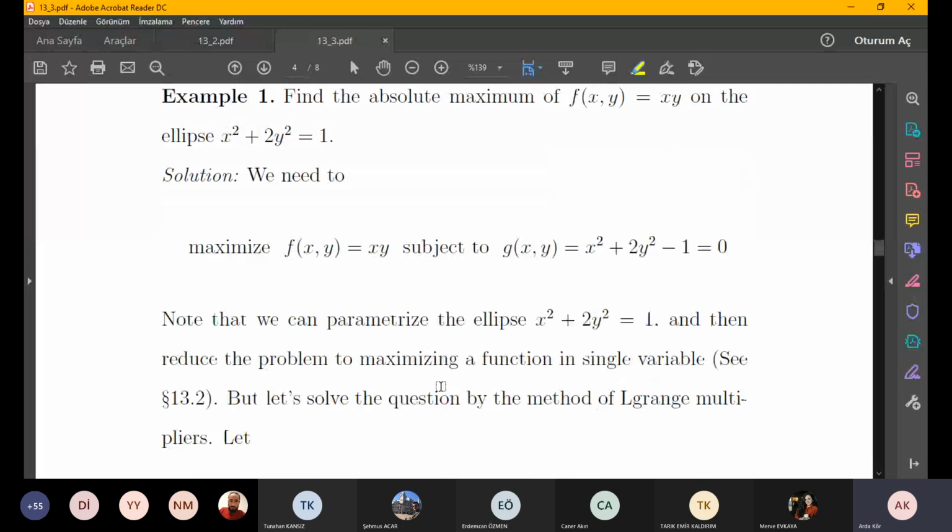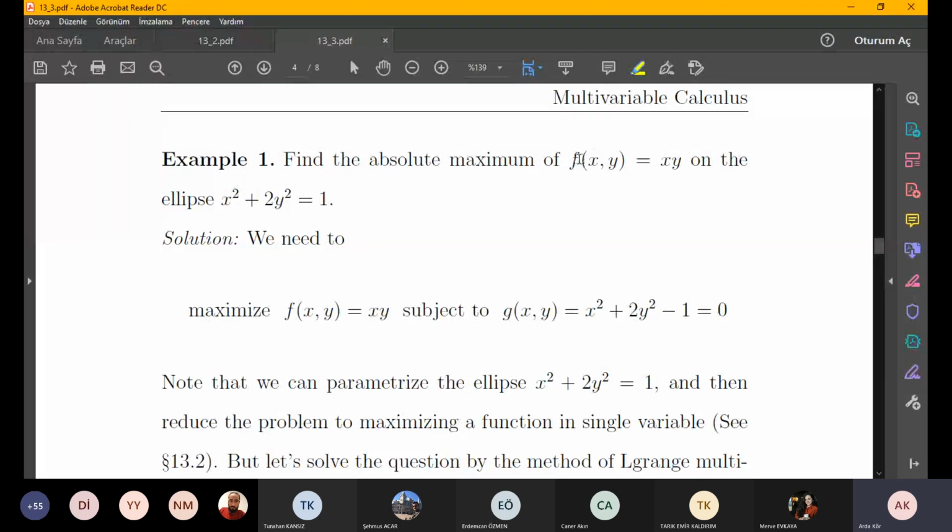And if we try to see how this is applied, we will try to find the absolute maximum value of x times y on the ellipse x squared plus 2y squared equals 1. So we need to maximize the function, because we try to find the absolute maximum value, subject to g(x,y) equals x squared plus 2y squared minus 1 equals 0.